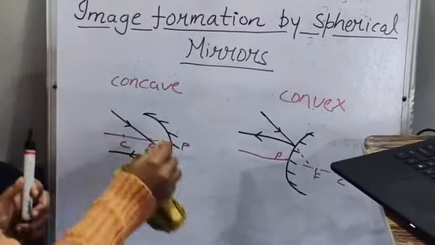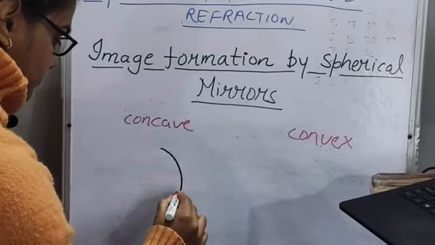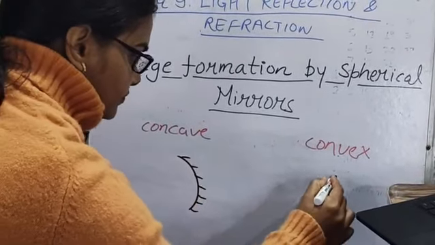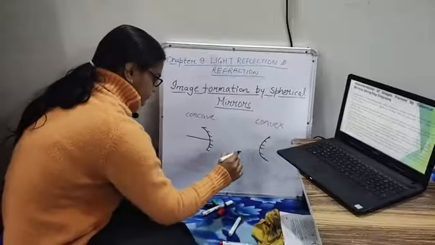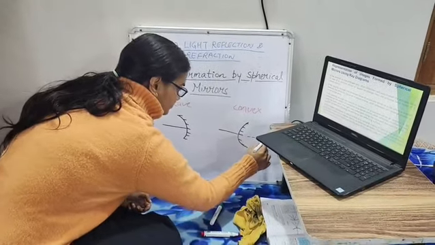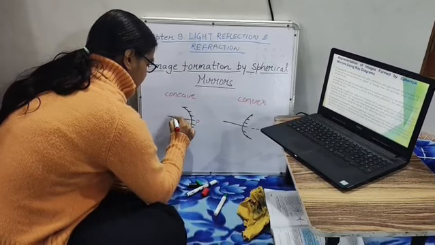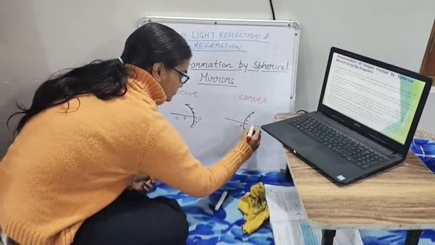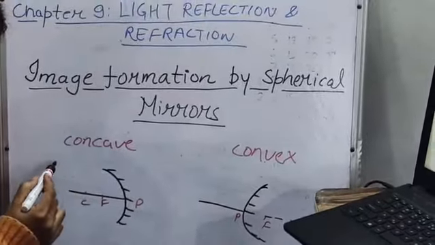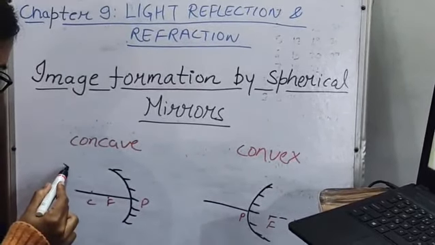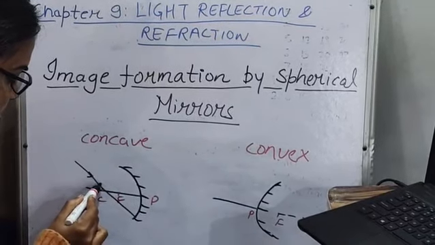Now coming to the third rule. The third rule says a ray of light falling on the center of curvature will be reflected back with the same angle.